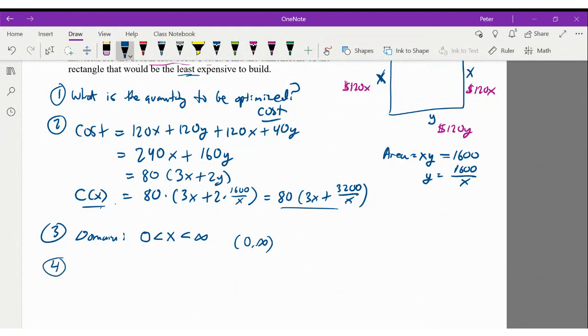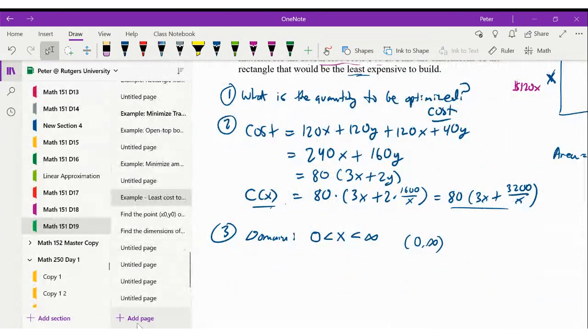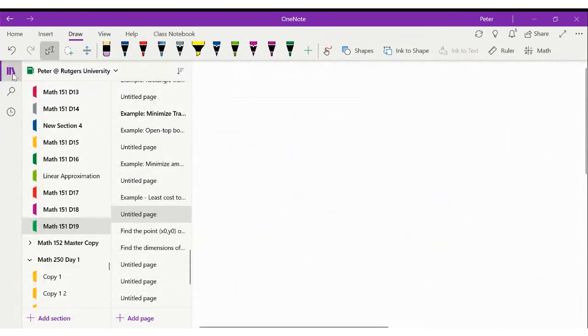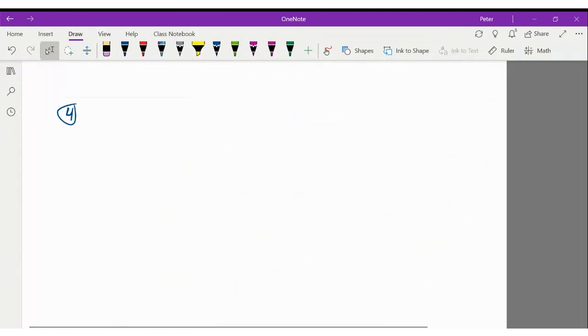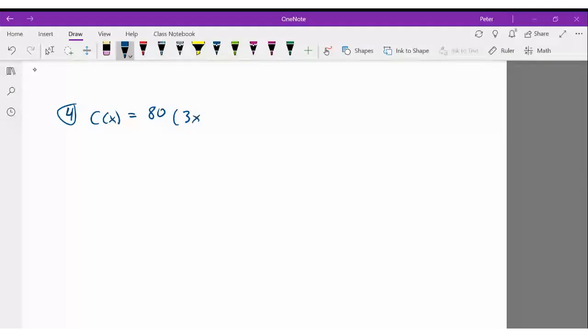So now I have C of x equals 80 times 3x plus 3200 over x on the interval 0, infinity.